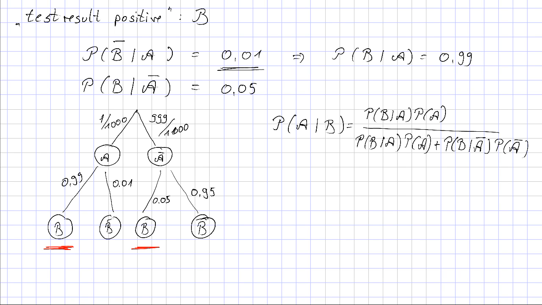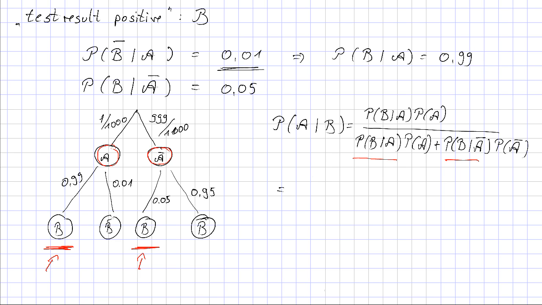Okay. Let's briefly identify the terms. This here is this. Okay? P(A), of course, is here. This one is this probability, and P(A complement) is this. And if we now put in numbers, let's briefly do this.